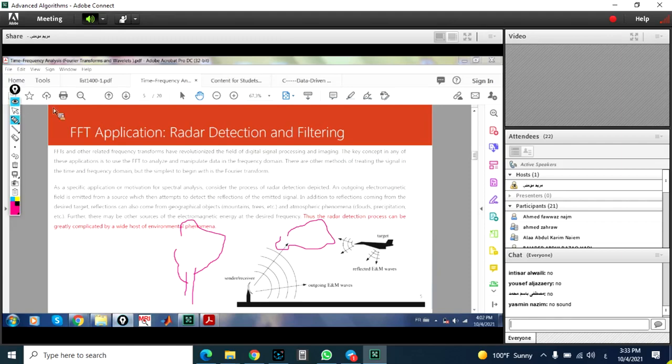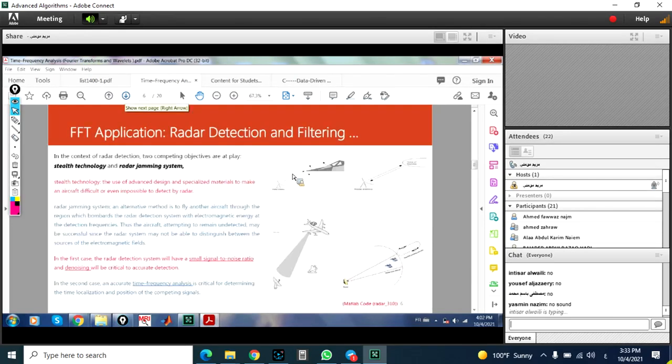Then we receive an electromagnetic wave here.